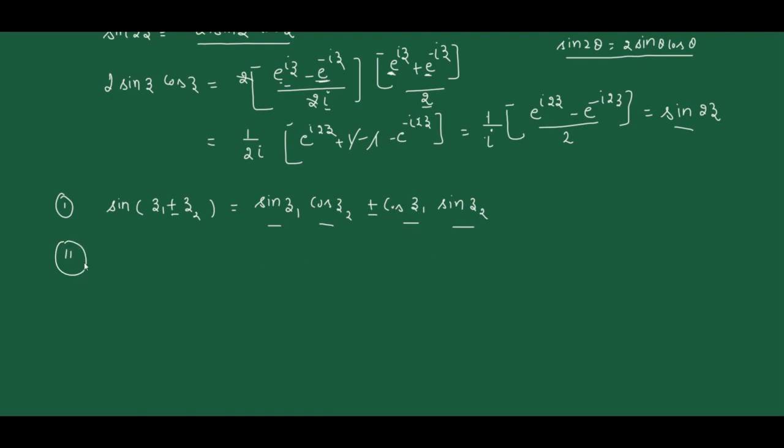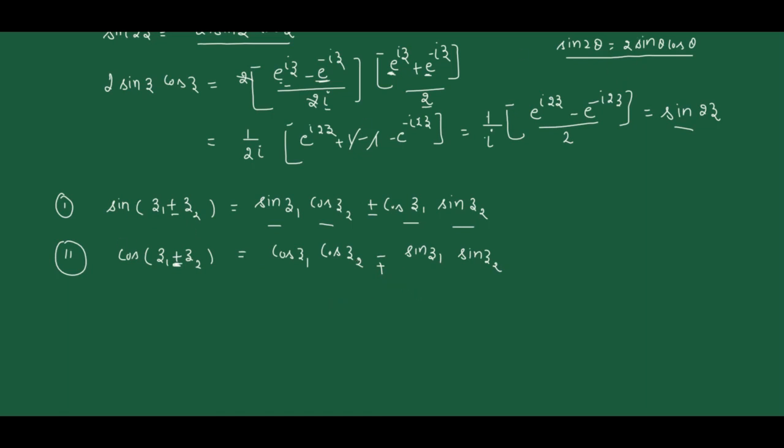Similarly, you can show that cos of z1 plus z2 is cos z1 cos z2 minus sin z1 sin z2, and if you have the difference here, you can replace this minus by plus.